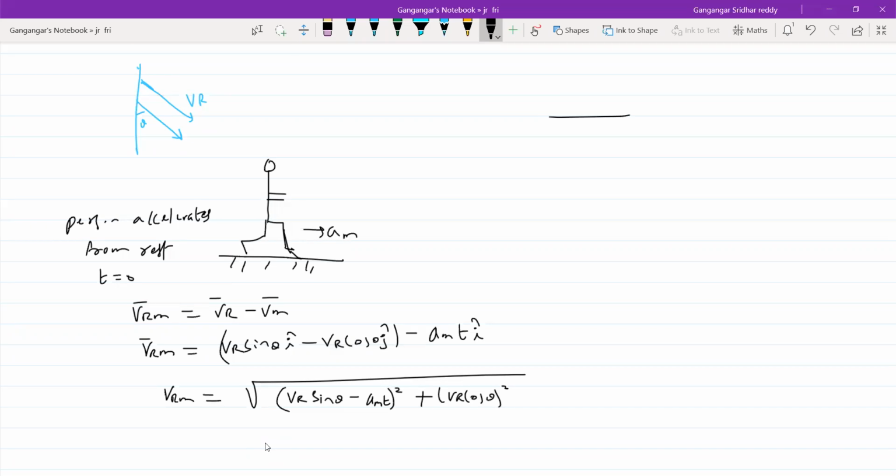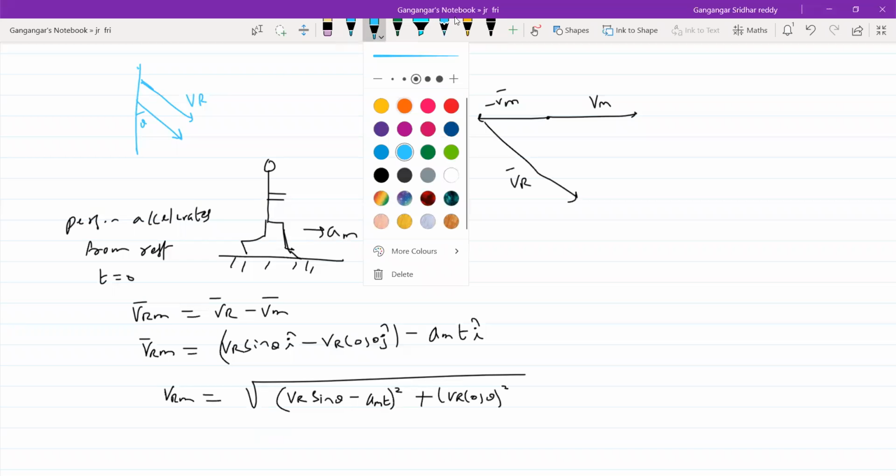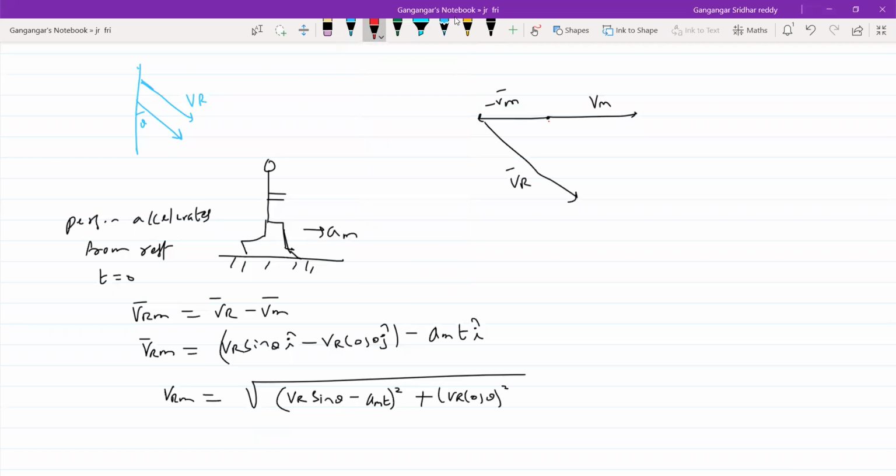So here as such, we know this is VM. The vector diagram, I'll put it here. This is VM. This is minus VM. And this is VR, no? So how is the velocity of rain? So let me put only the vector diagram for this.